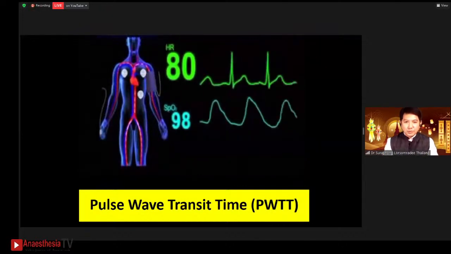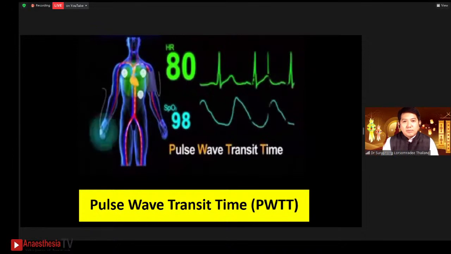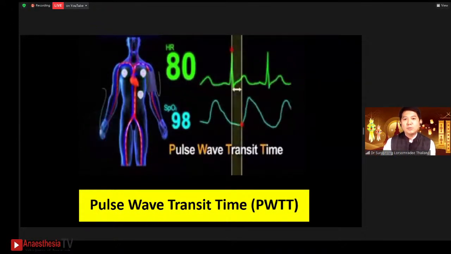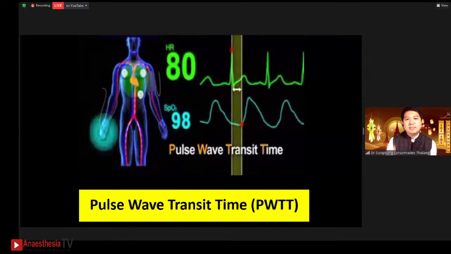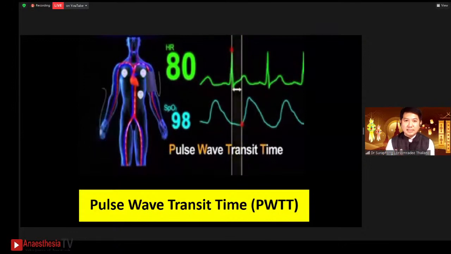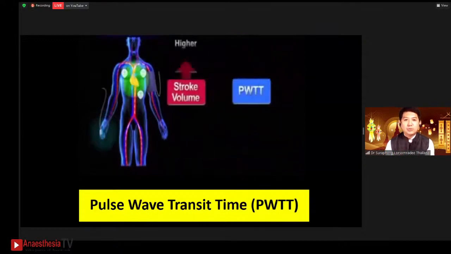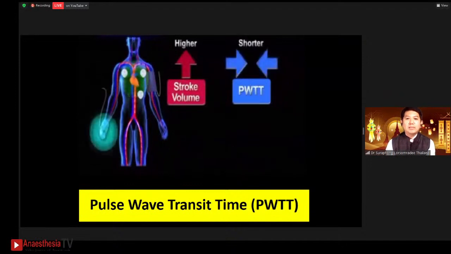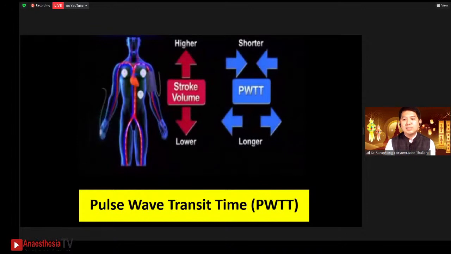If we understand this, we can derive other parameters. For example, if the heart ejects and the interval from the ECG to the pulse oximeter is delayed, it relates to the stroke volume going down. But if the stroke volume is going up, the pulse wave transit time will shorten.